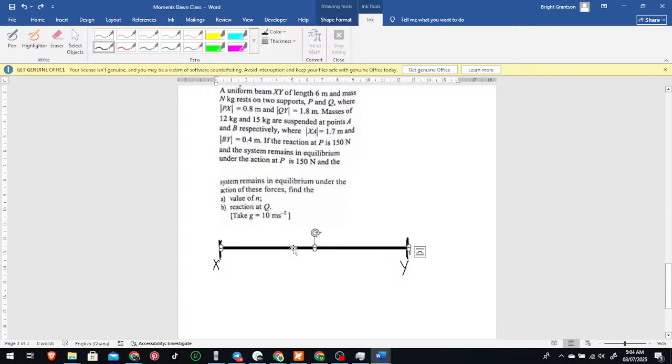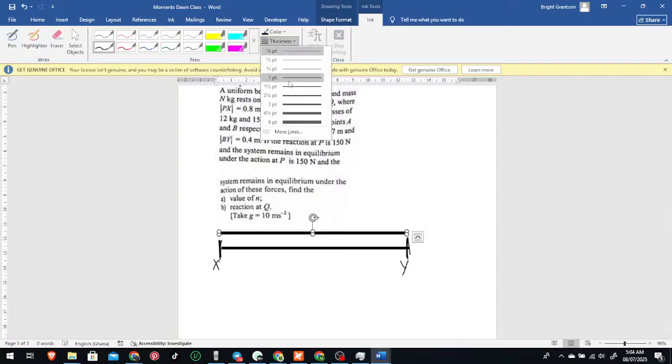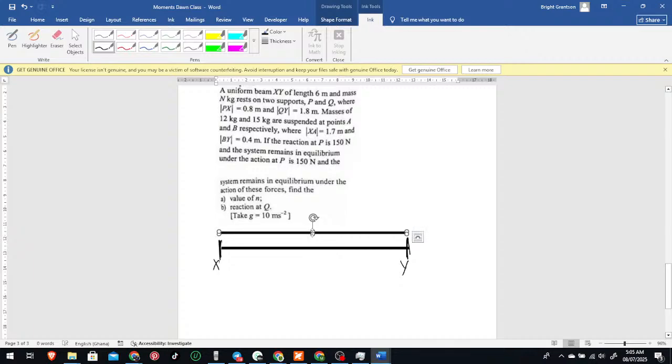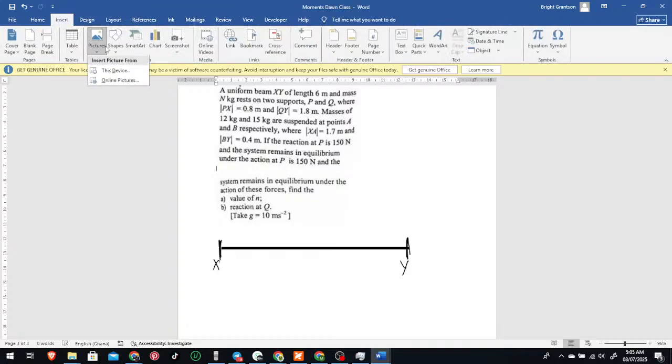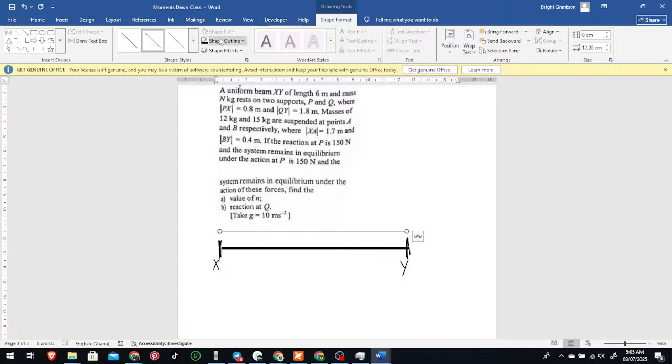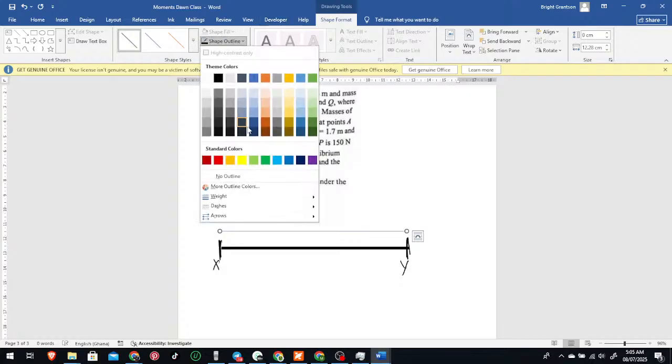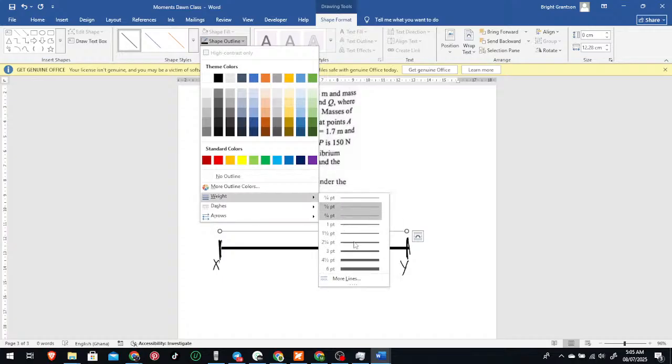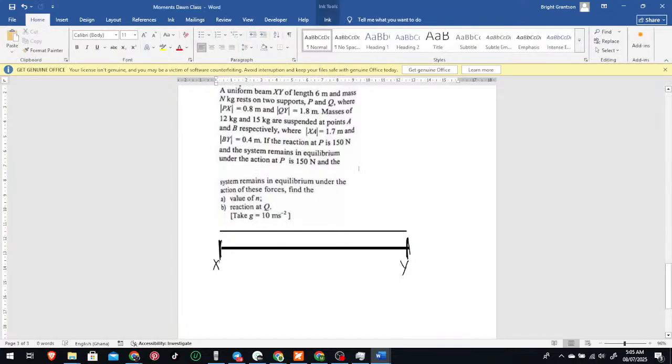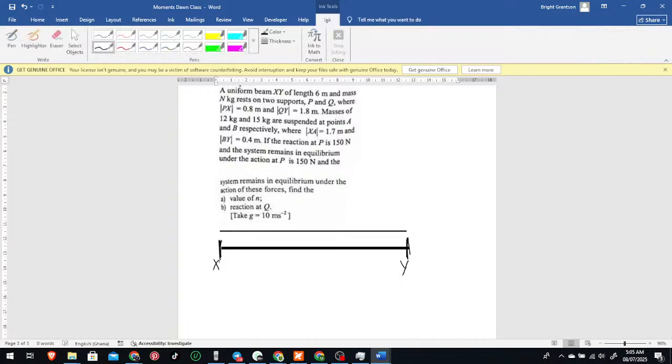Let me just repeat this one. It should be a line. Now, this is the distance, 6 meters.